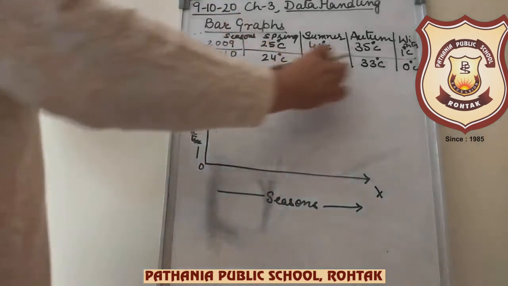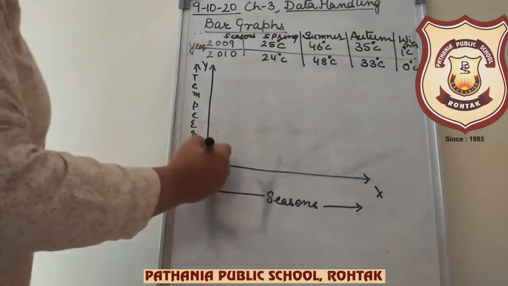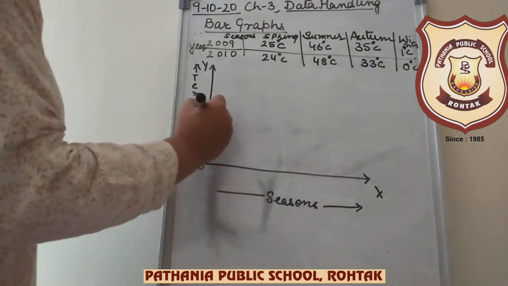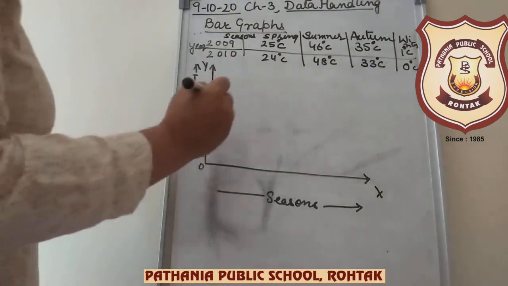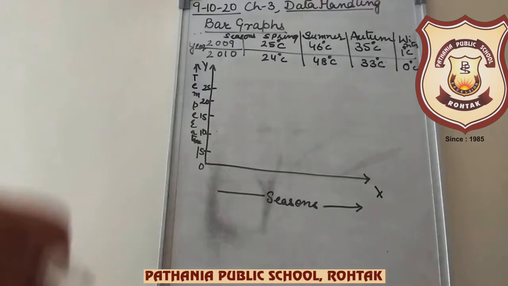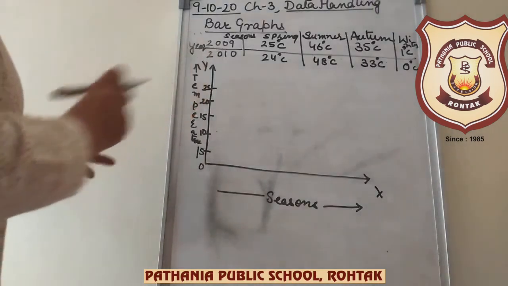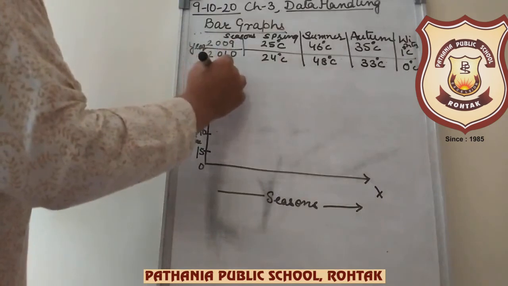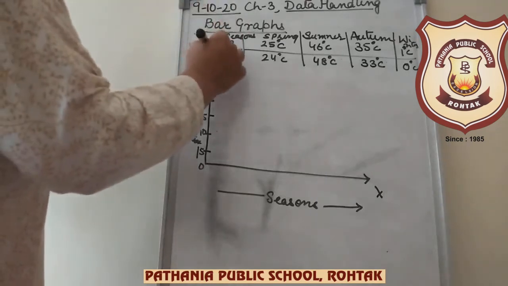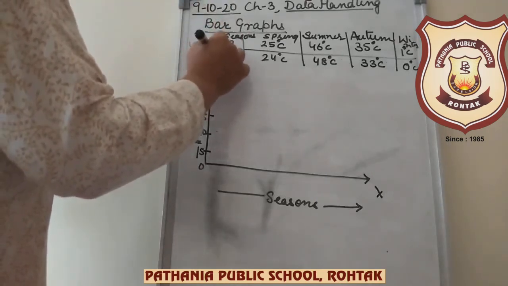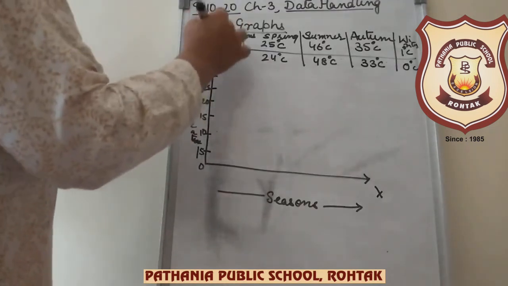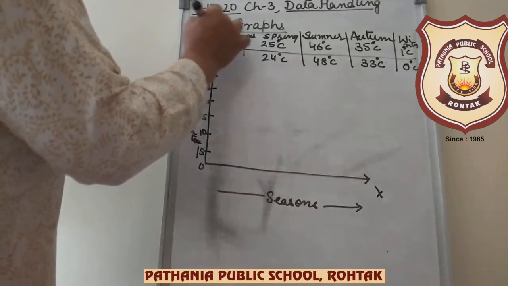Now see, here all the values are small, so I can take the gap of 5. 5, 10, 15, 20, 25, 30, I need up to 35, 40, 45, I'll write here, and then 50.